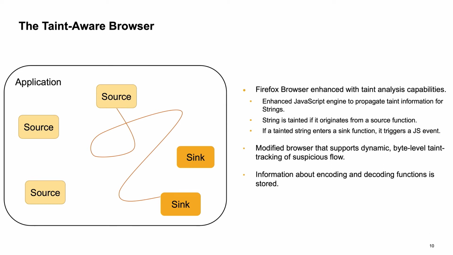We then implemented these tainting capabilities in a Firefox browser by enhancing its JavaScript engine to propagate taint information for strings. It supports dynamic byte-level taint tracking of suspicious flows and also gives us information about the operations a string went through, among others the encoding and decoding functions.